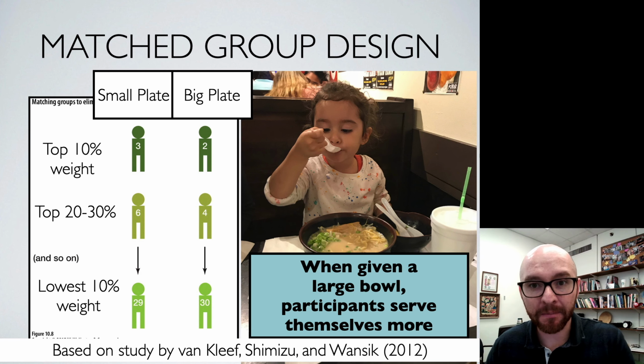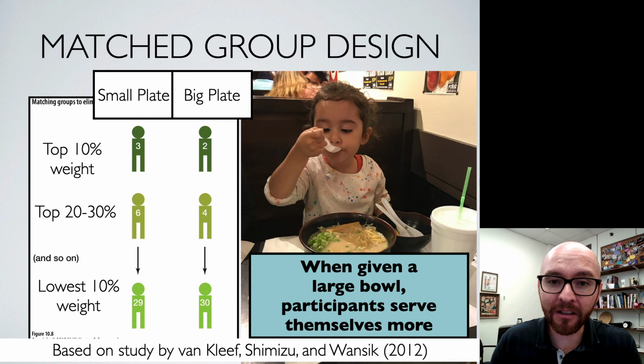As you would expect, people with a smaller plate actually ended up serving themselves less than people with a bigger plate. And they not only served themselves less, they ate less, right? So you might even get that advice every now and then, use a small plate.